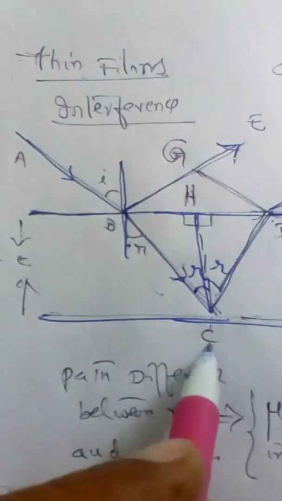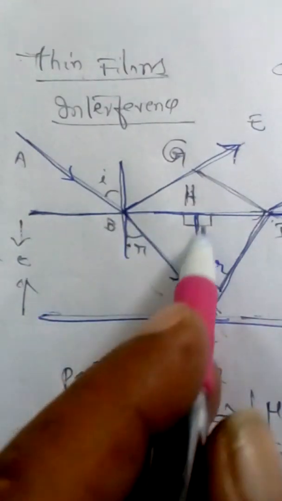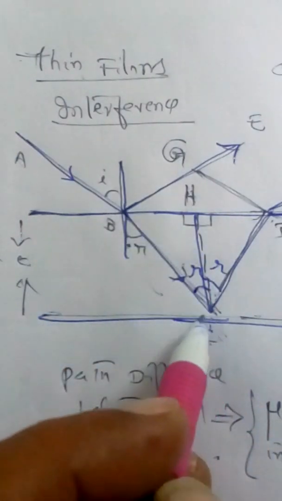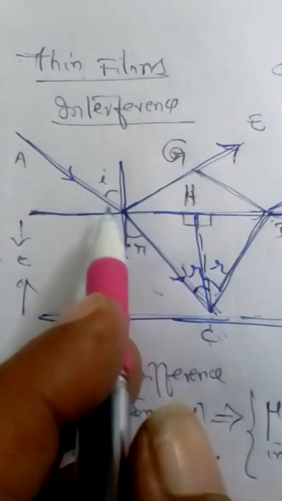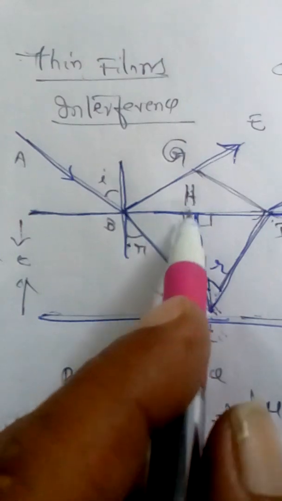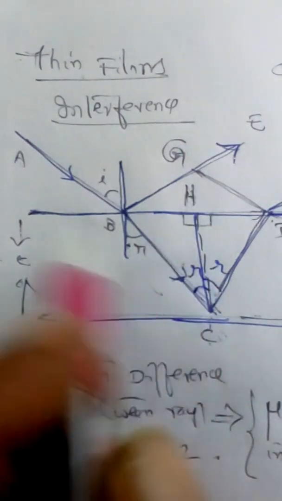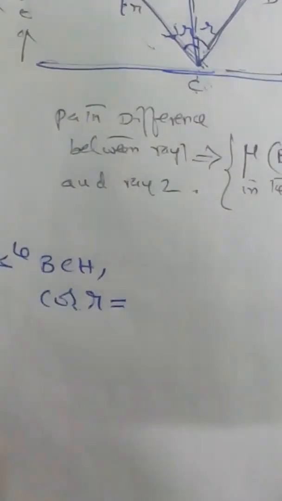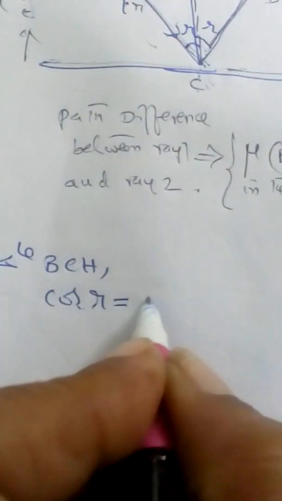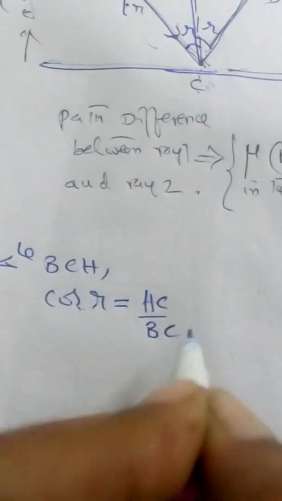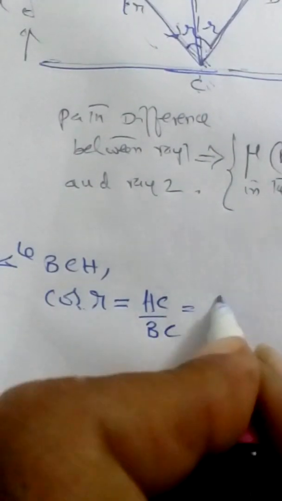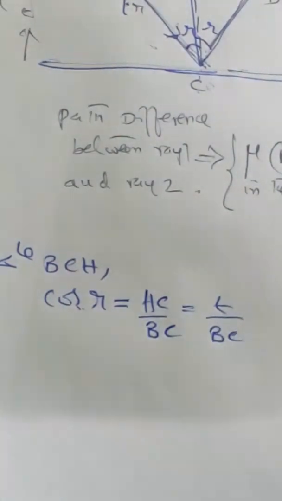That is HC by BC, the adjacent side by the hypotenuse. HC is nothing but the thickness T. So cos R is equal to HC by BC, that is T by BC.